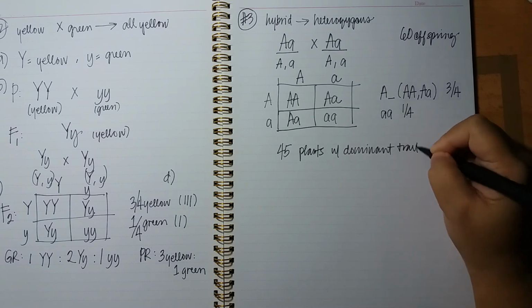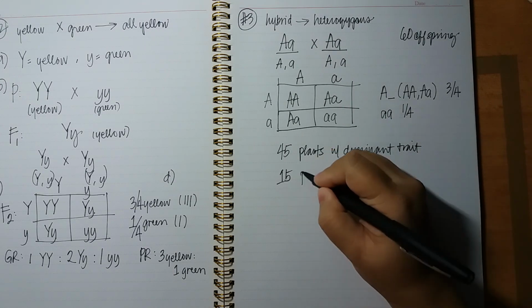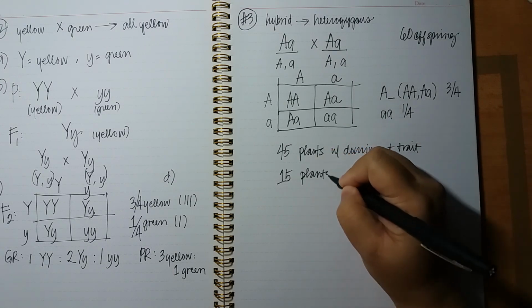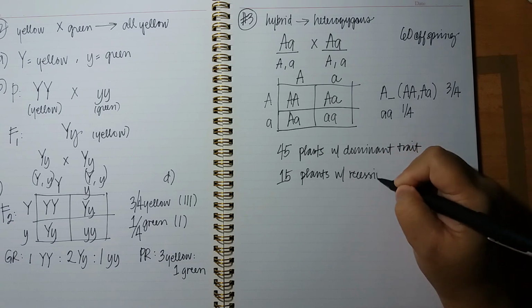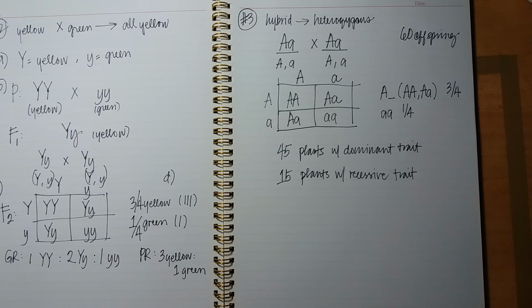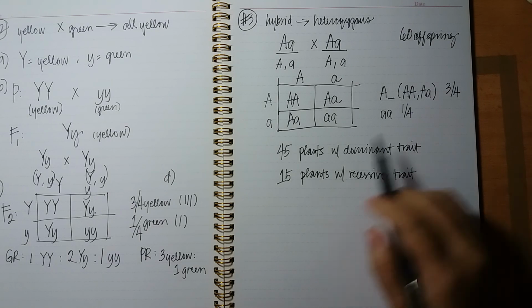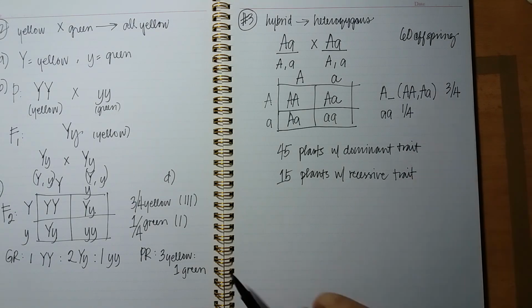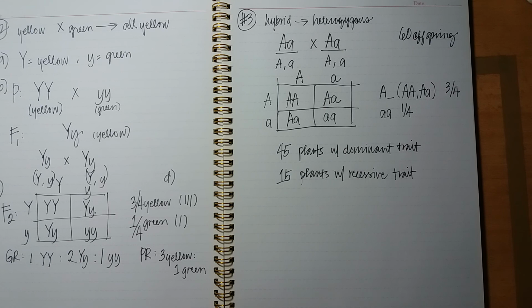And then, 1/4 naman is 15. So, 15 plants will exhibit the recessive trait. Okay? Straightforward naman siya. In-apply nyo lang. Meron lang na given a number and you know what the ratio is of the phenotypes, then you can solve for what the question asks for.